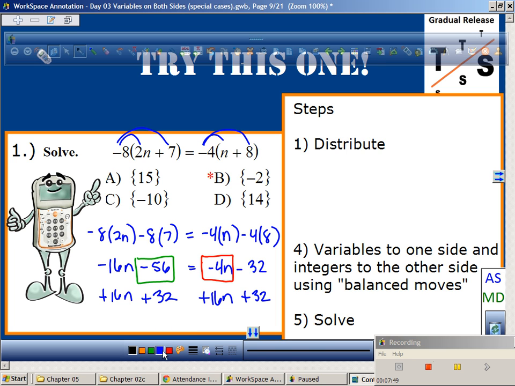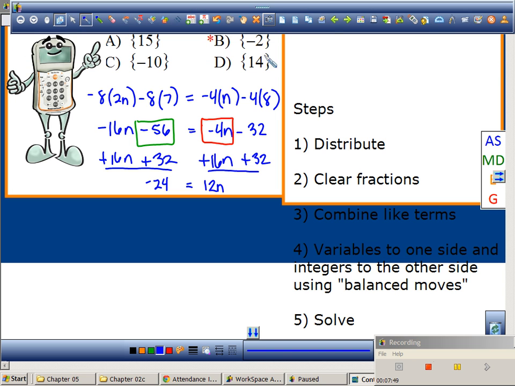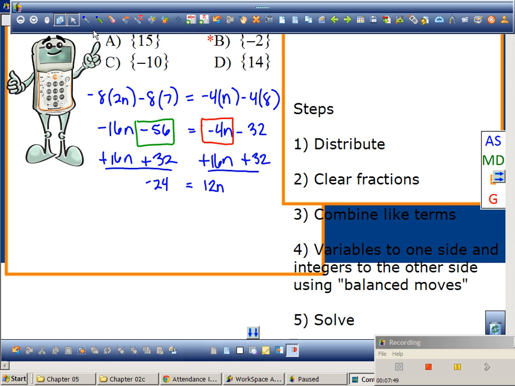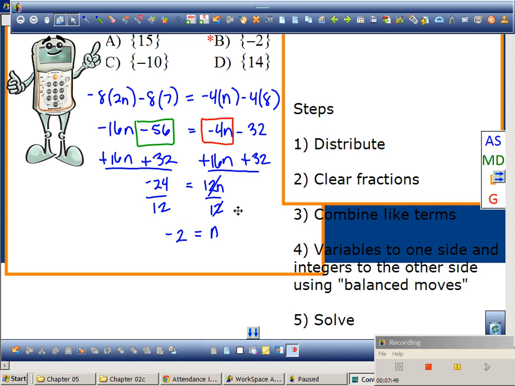When I do that, I get negative 24 equals, what's 16n minus 4n? 12n, right? Let's make this bigger. Finally, if I divide 12 to both sides, I get n equals negative 2. Questions?